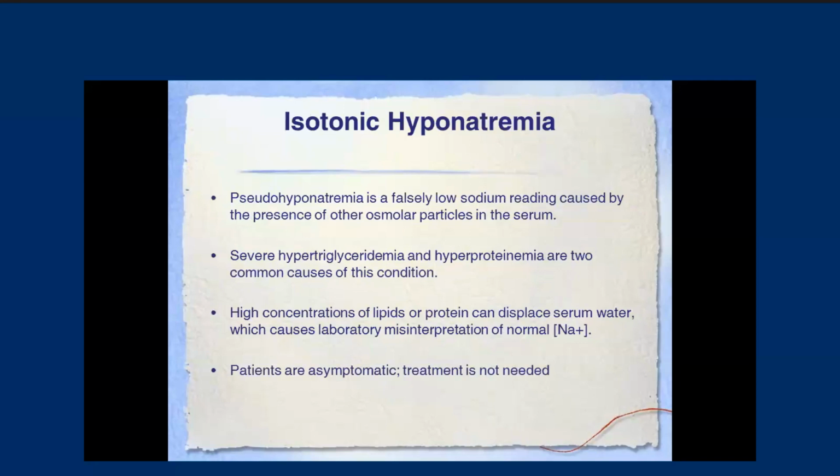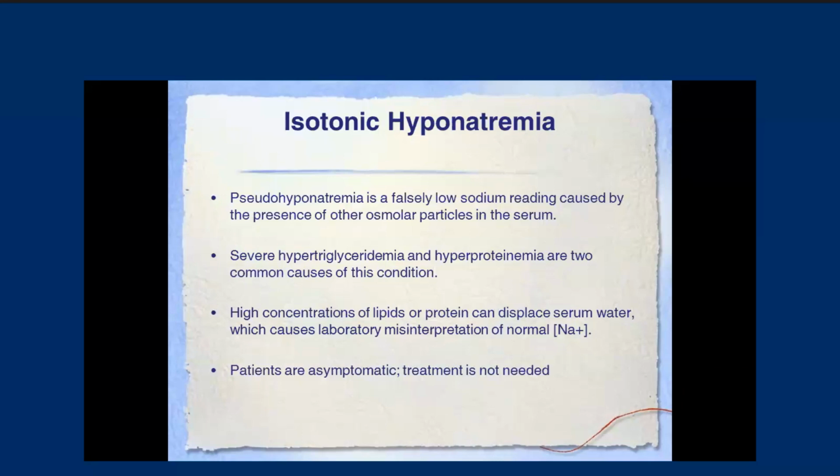The other is isotonic hyponatremia. We usually call this pseudohyponatremia, and that is a falsely low sodium reading caused by the presence of other osmolar particles in the serum. Patients with hyperlipidemia and hyperproteinemia will end up developing isotonic hyponatremia. A high concentration of lipids and proteins will displace the serum water, which causes laboratory misinterpretation of the sodium.